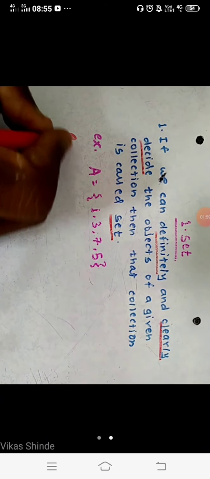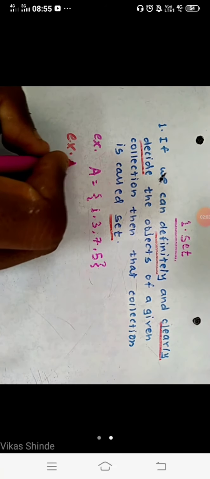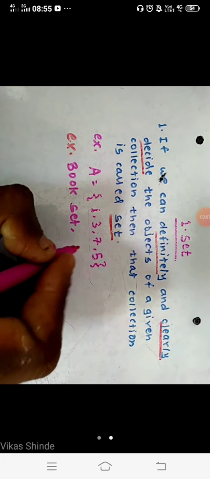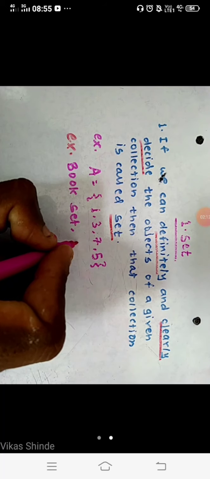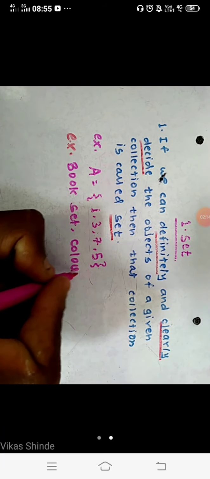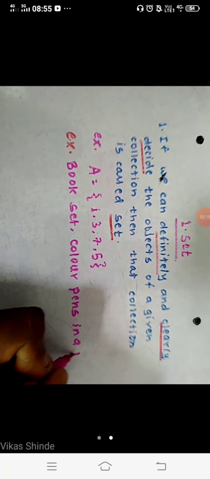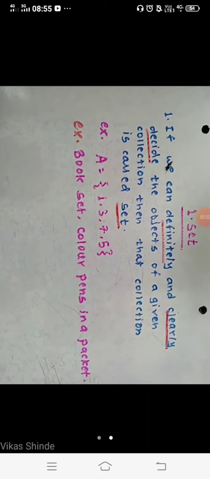Suppose another example, I am writing another one example. Suppose book set, okay, book set. Then next one, suppose color pens in a packet, etc. Okay, these are examples of set.